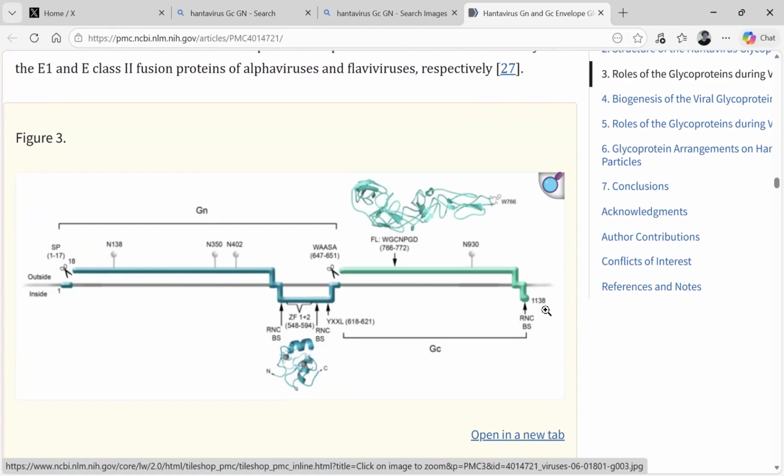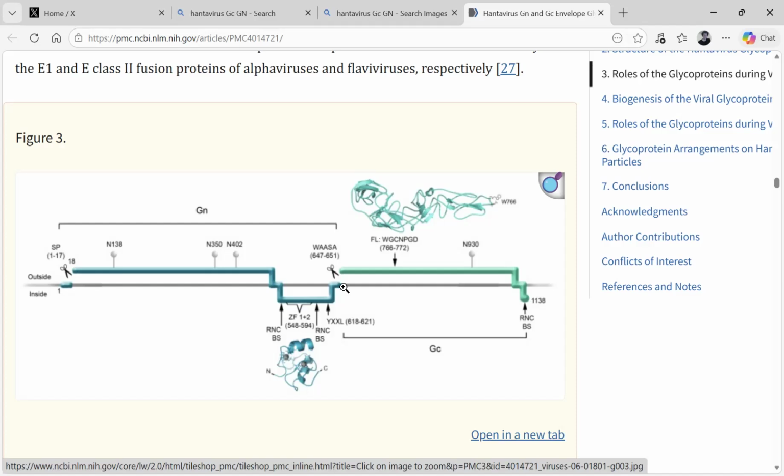There's approximately 1,138 amino acids. Now, the front part of the protein is what will be the GN, and the back part of the protein will be called GC.